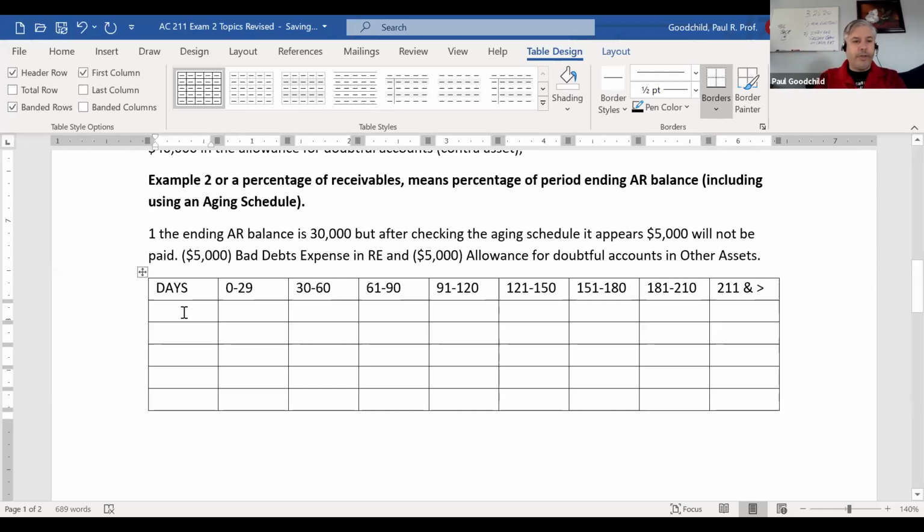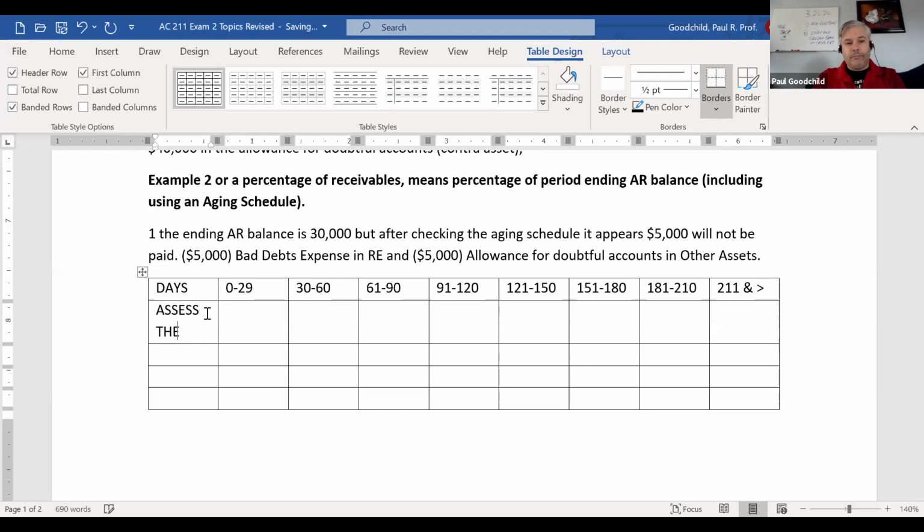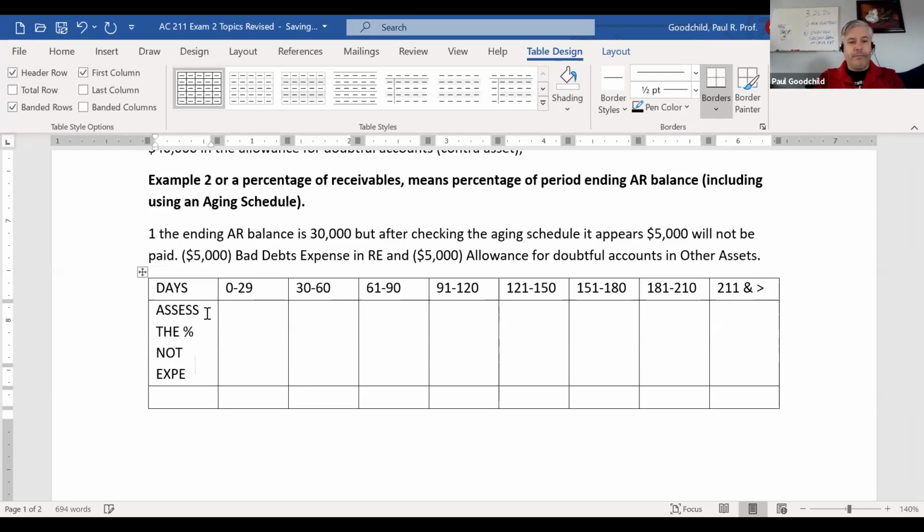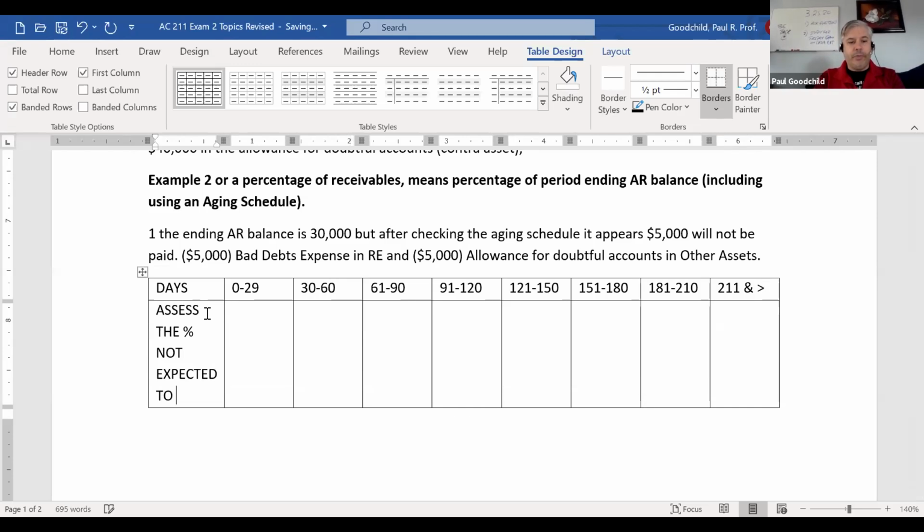And what you do is you assess the likelihood, or let's call it just the percent not expected to be paid.